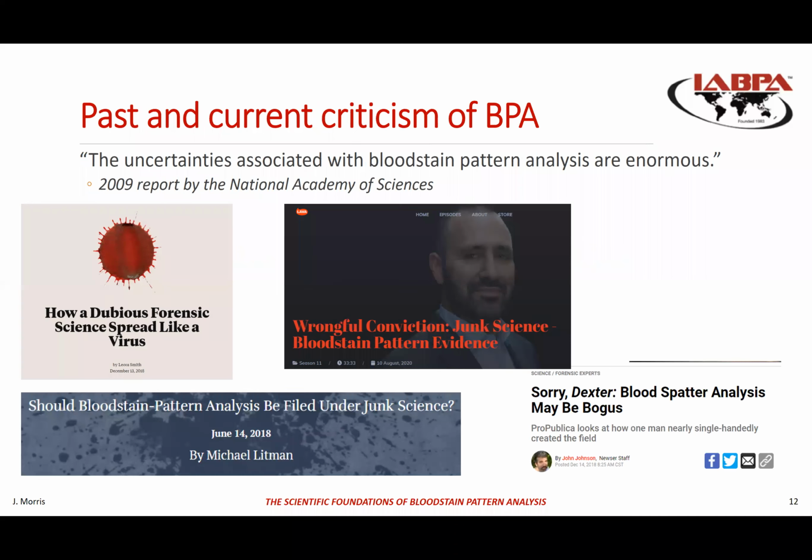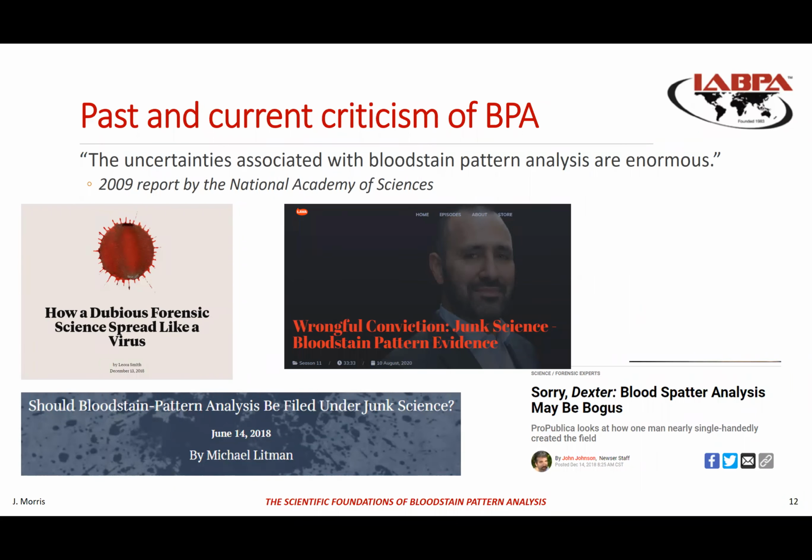And this is becoming more important today. In 2009, in the United States, the National Academy of Sciences issued a report on a review of the state of forensic science in the United States. And it covered virtually every discipline of forensic sciences, and essentially said, these are things that are going well, these are things that need to be improved.